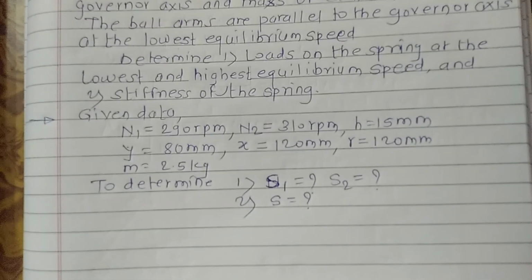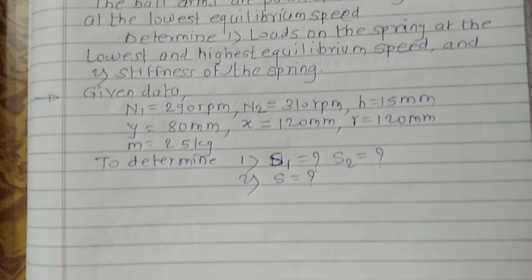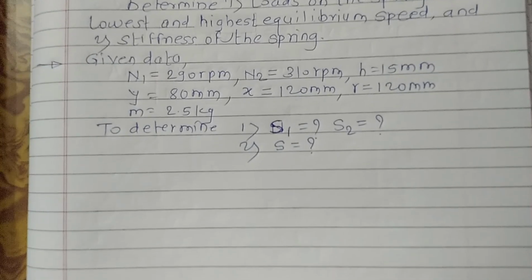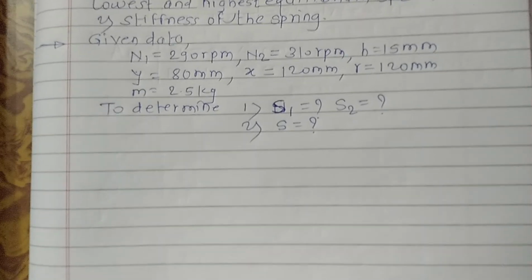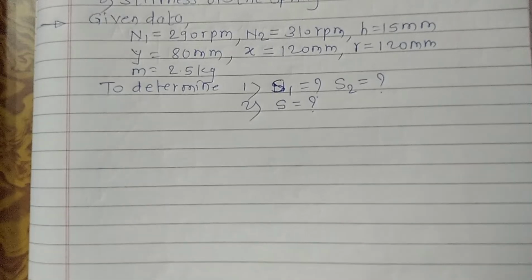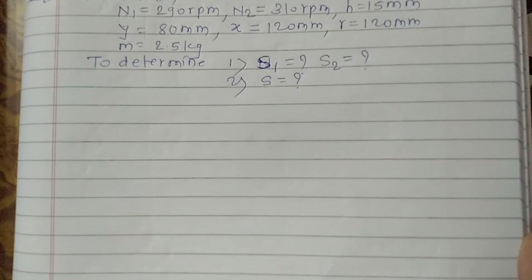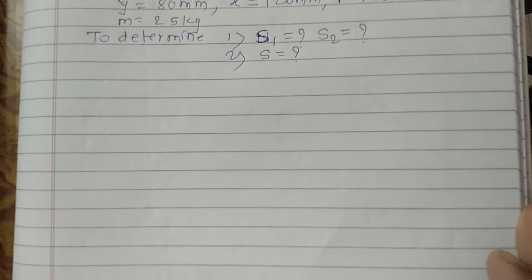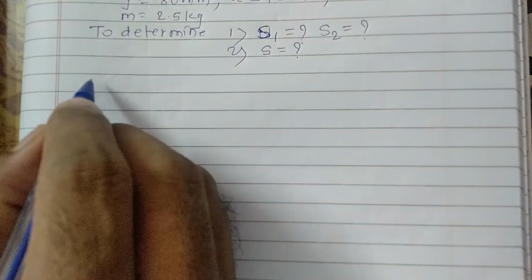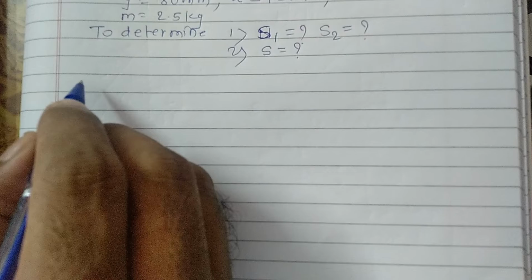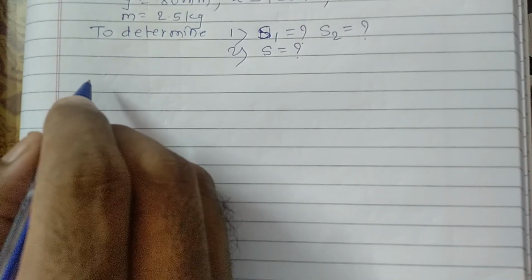So first of all, as per the information given, draw the lowest position and highest position diagram. The sleeve arms and ball arms are given.